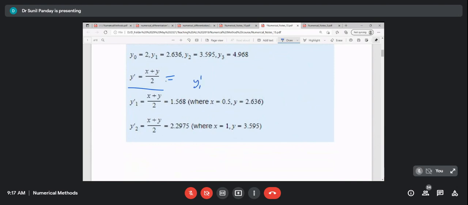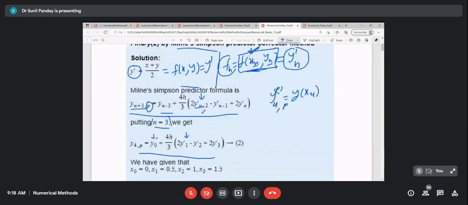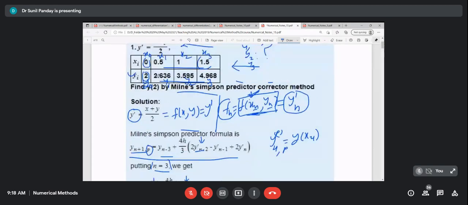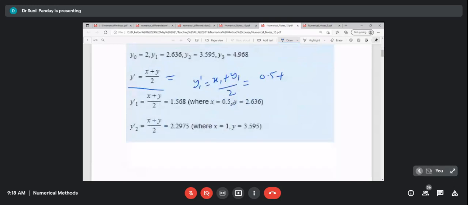So y1 dash means x1 plus y1 divided by 2. What is x1? x1 is 0.5 and y1 is 2.636. You substitute and then divide: 2.636 divided by 2 and you will get 1.568. So this is y1 dash.